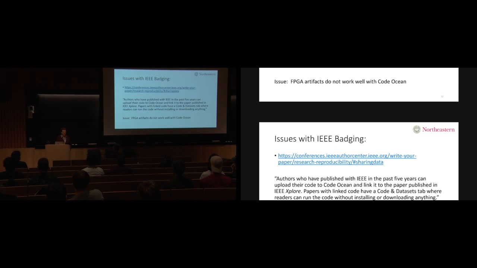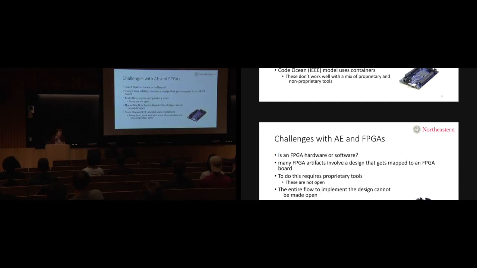They tend to be designs that someone developed that make use of a proprietary tool that doesn't play well in a container. And I just kind of find it ironic that ACM, the software organization's badges fit better with this sort of is it hardware, is it software target, and the IEEE rules play better with software. But if anyone knows who in IEEE I can argue with about this, I'm going to go out on that. So is an FPGA hardware or software?